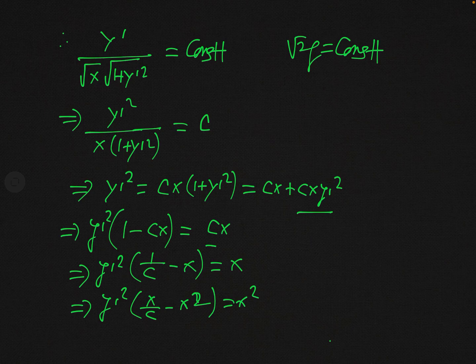What we have done is multiplied this equation on both sides by x. So now from this equation you can easily find y prime. So y prime will be equal to the square root of x over c minus x square.